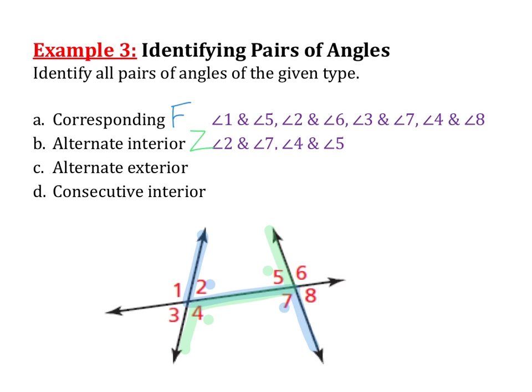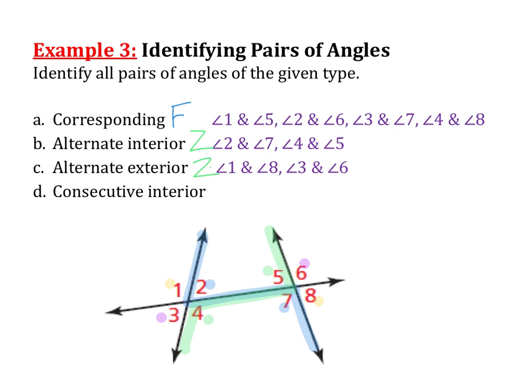So we have two different sets of alternate interior angles. We can also use the same Z's to identify the alternate exterior angles, except this time you're going to go to the outside. So in this case, we can say angle 1 and angle 8. We can also identify 3 and 6 as alternate exterior angles.